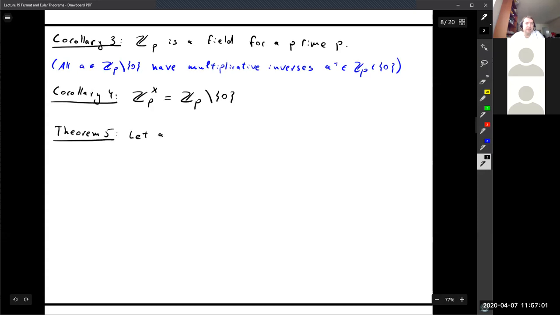Let A be an integer and P be a prime number not dividing A. Then what we know is that A raised to the power P minus 1 is 1 modulo P.